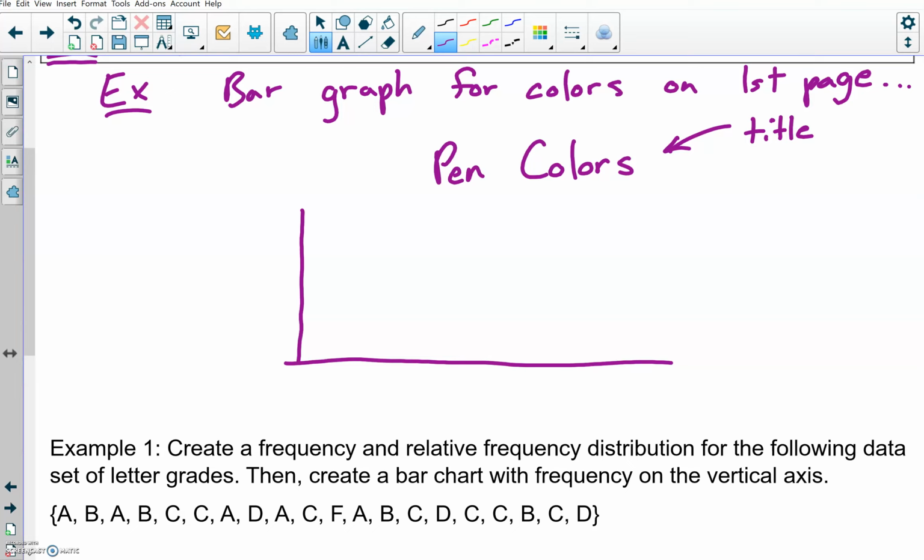And this left bar is where you track the frequency, because you're not going to write numbers necessarily on the bars themselves, but you do need to let people know what those bar heights mean in terms of frequency. You could do this with relative frequency as well, but for this one I'm going to do the frequency. So you have an axis for the frequency or relative frequency.